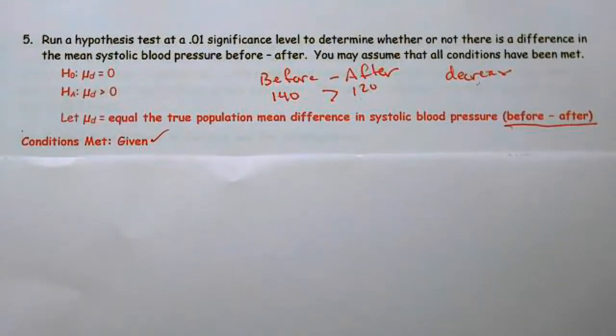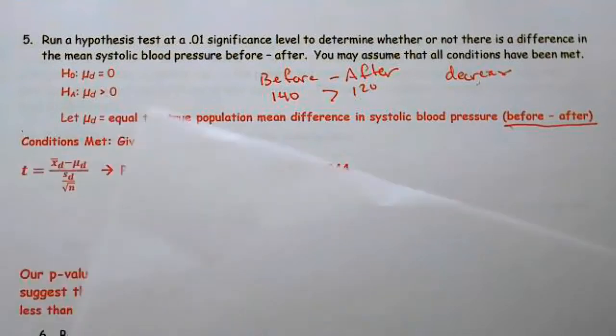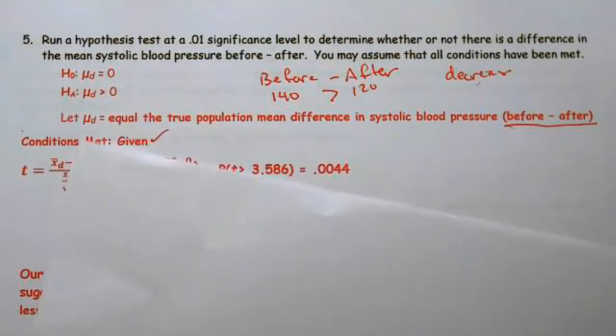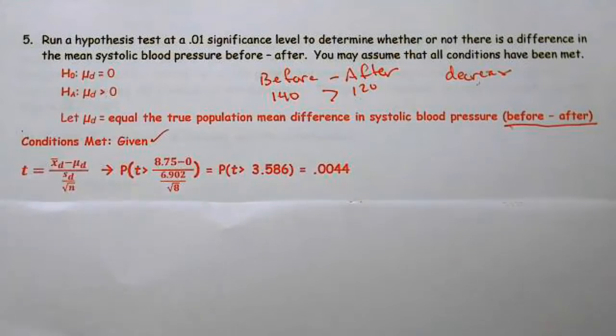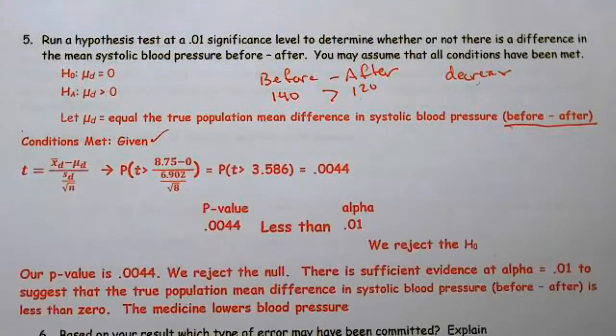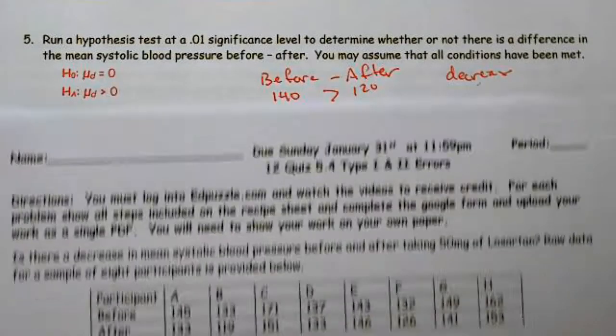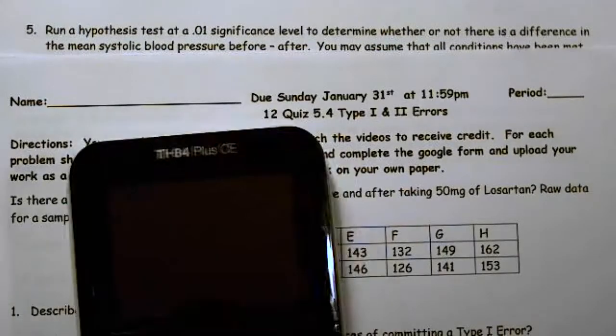So the next thing we need to do is write out our formula. Well, in this case, we're just working with t equals x bar minus mu over the standard deviation divided by the square root of n. To plug in, I need to go back to my original problem and enter this data.